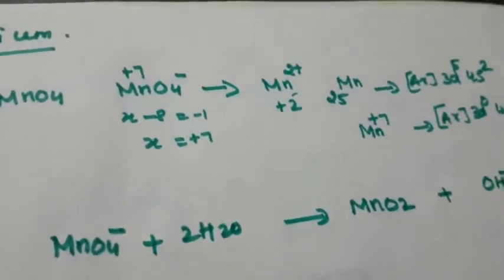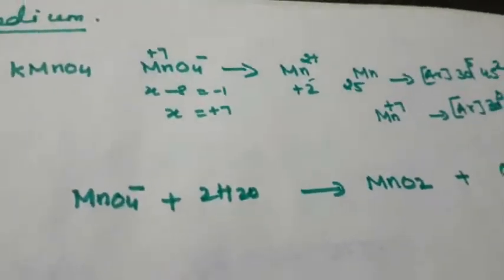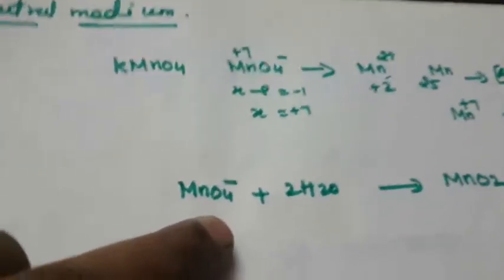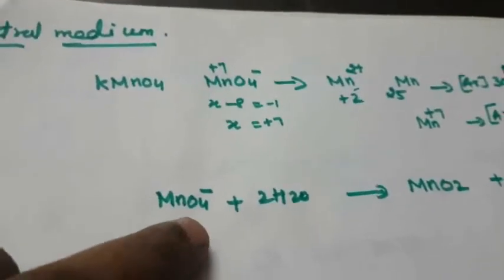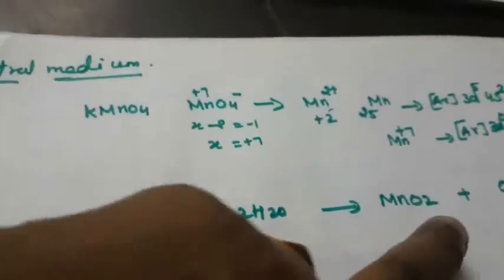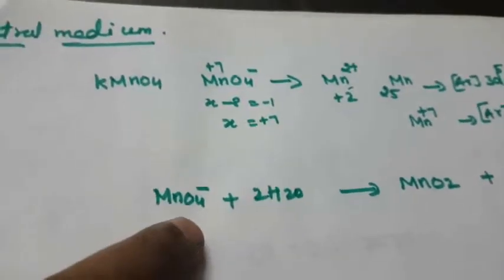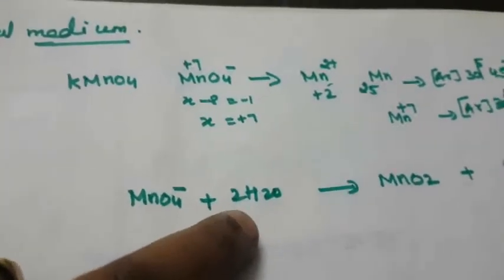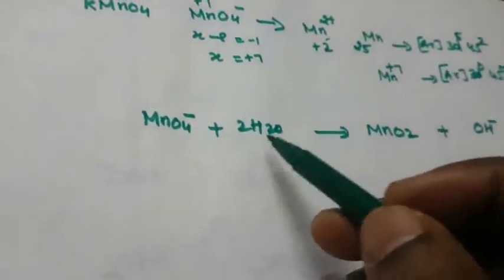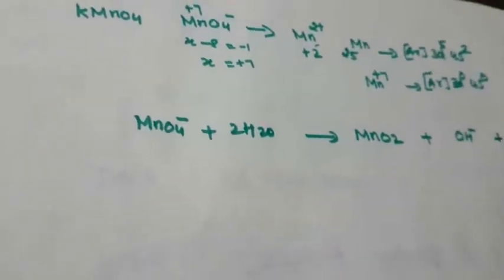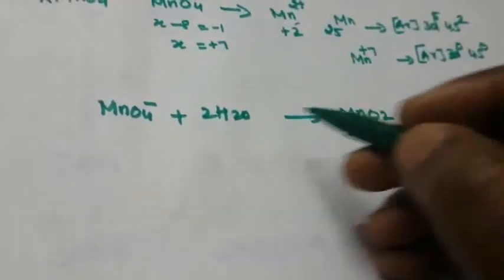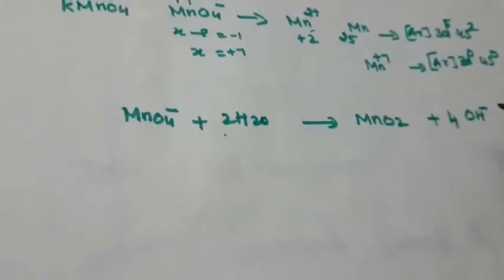How to balance this? Whichever side has more oxygen, the other side you add water molecules. This side has 4 oxygen, that side 2 oxygen, so you add water molecules. Then double that amount of OH minus ions will be added. So here 2 water means 4 OH minus.